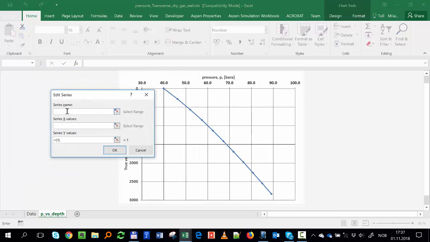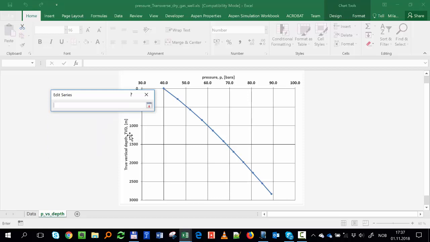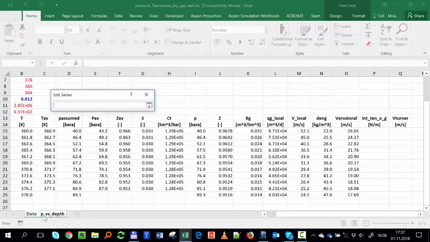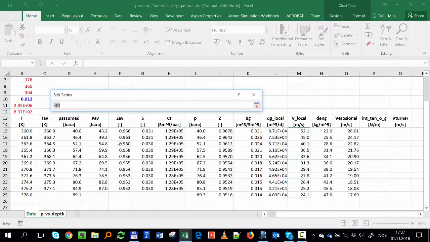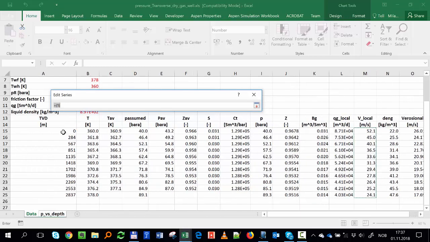Let's say gas V or VG, V gas. And on the X we want to put velocity. It will be this one here. And on the Y, we are going to put TVD, true vertical depth.